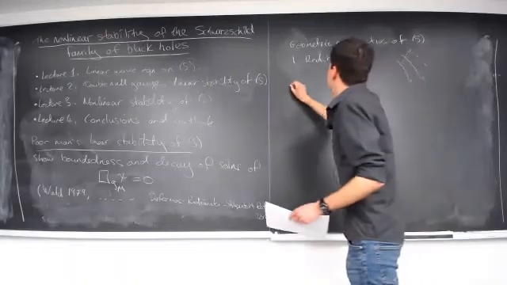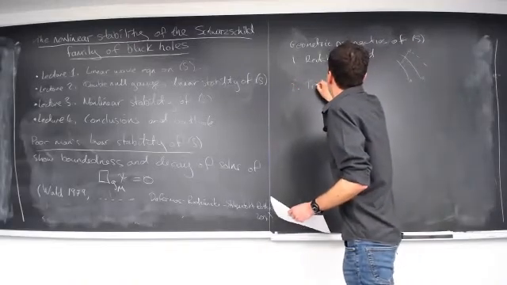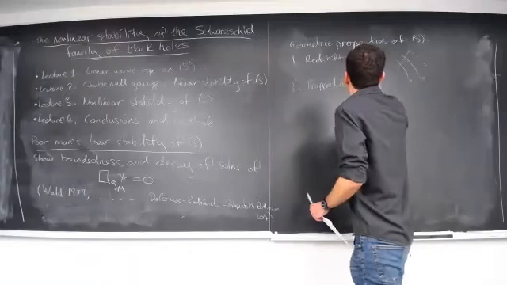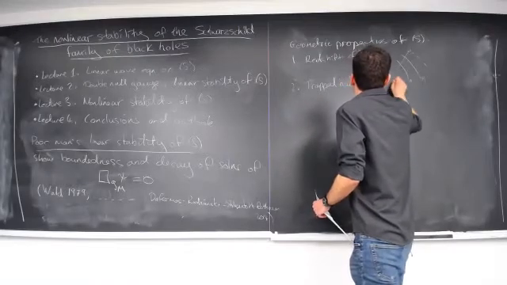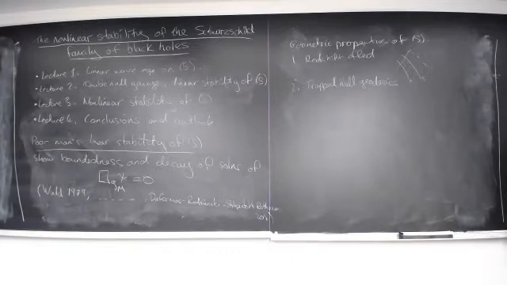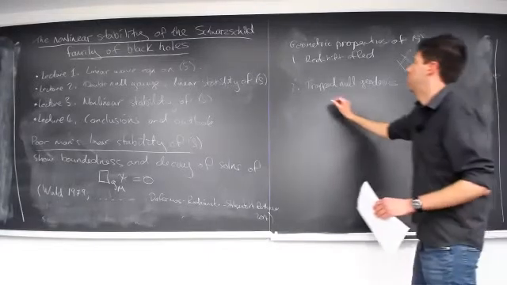The second is the presence of trapped null geodesics. So in Schwarzschild, there are null geodesics which neither cross the event horizon nor escape to infinity, but they orbit the black hole forever at the photon sphere at r equals 3M.